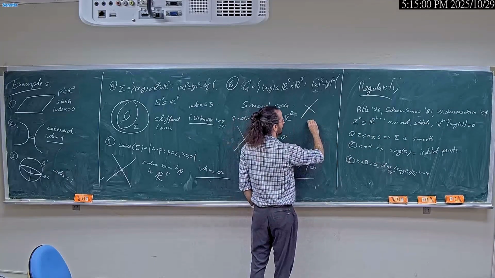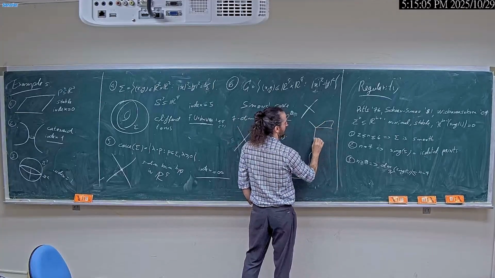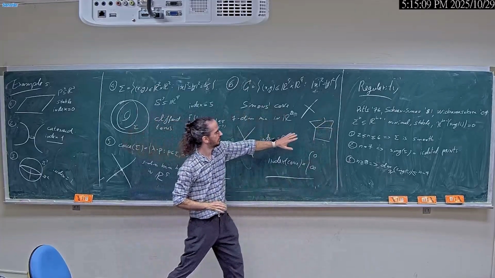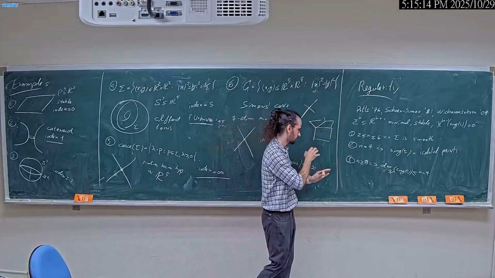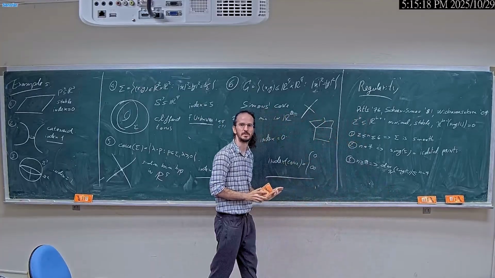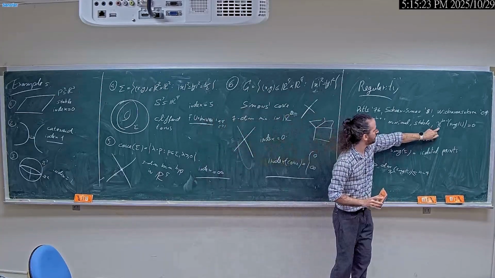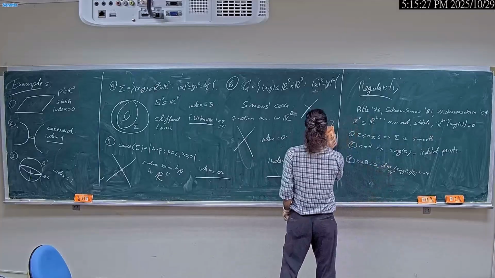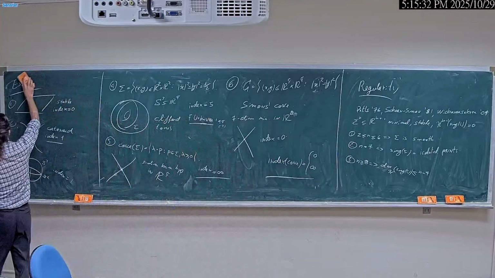I also don't allow, for example, things that look like a union of 3 hyperplanes locally. So that notation H means Hausdorff measure, and this is the dimension with respect to the Hausdorff measure. But instead of defining what it is, let me just give some examples.